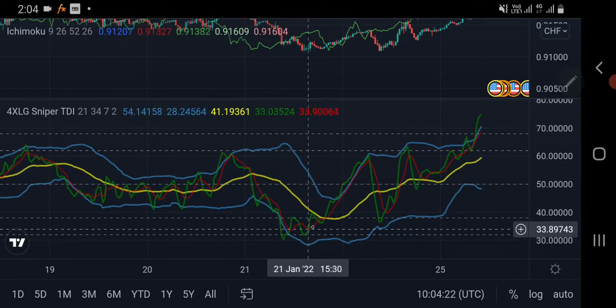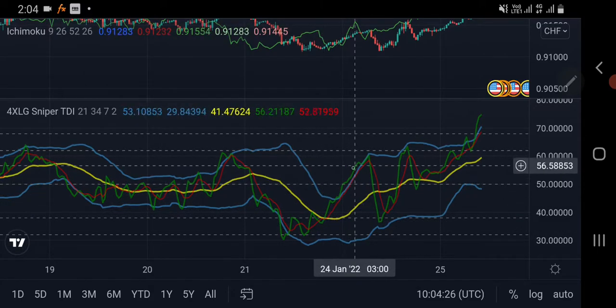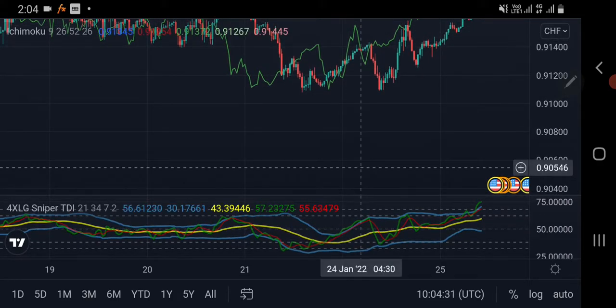Then when it crosses back up here, you can go long, for the buy.